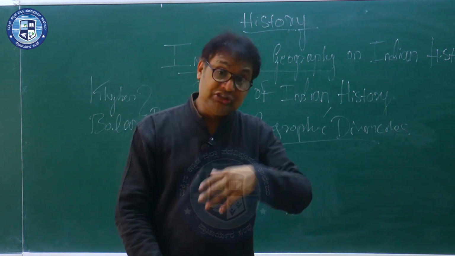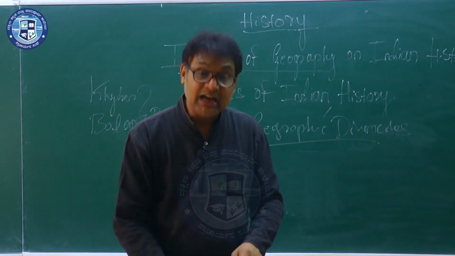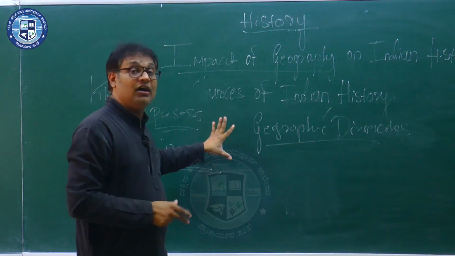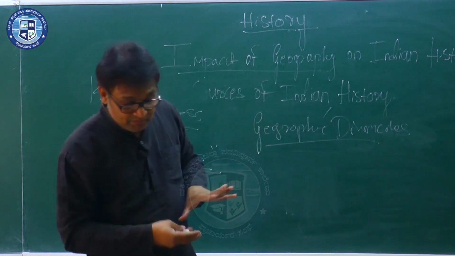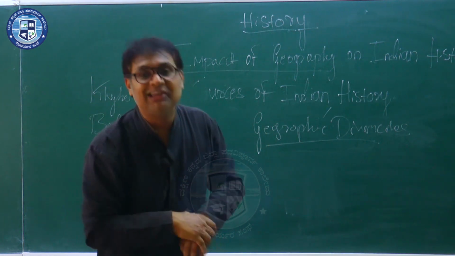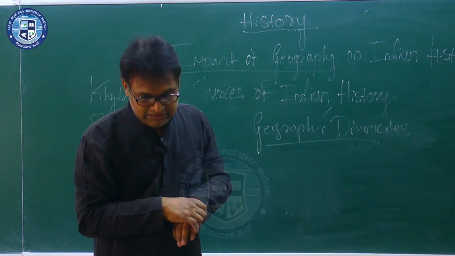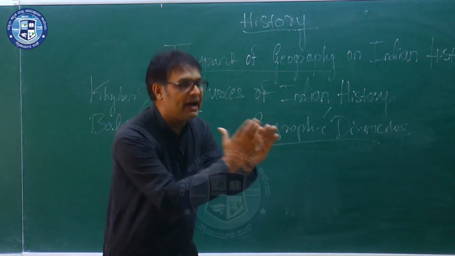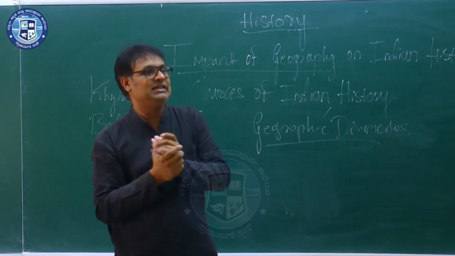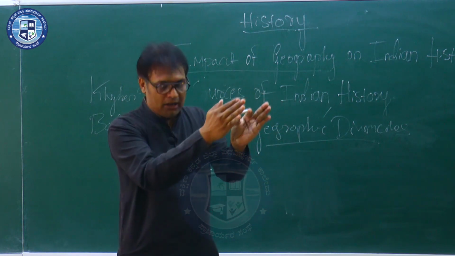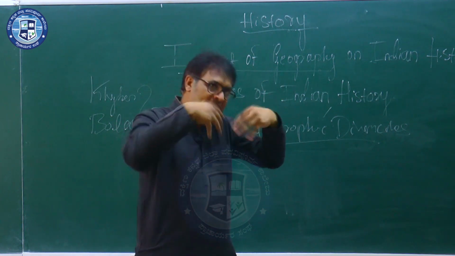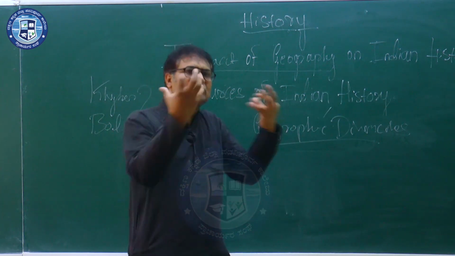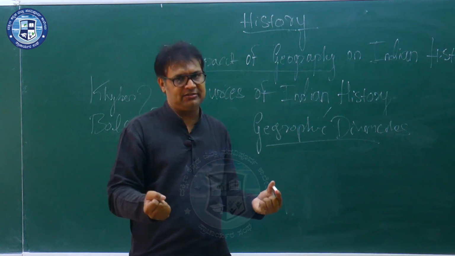This is called geographical diversity, and also river basins or valleys. One more important feature: river basins or valleys. Their importance is that they made this country agrarian, people involved in the field of agriculture.